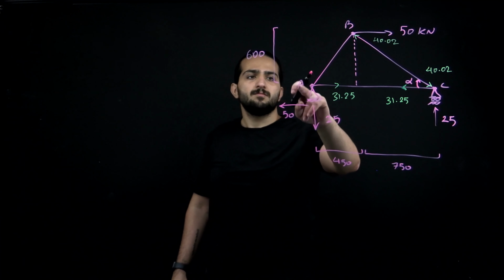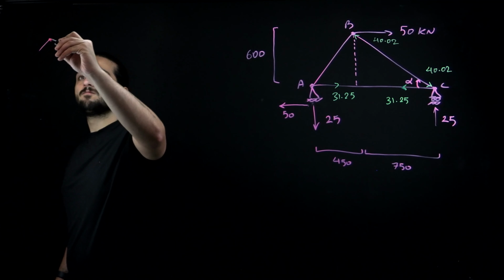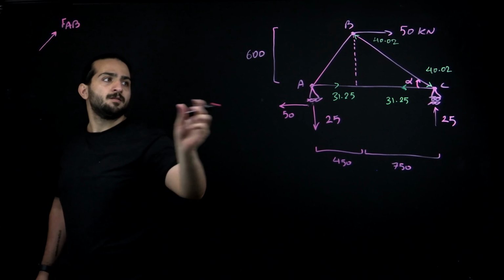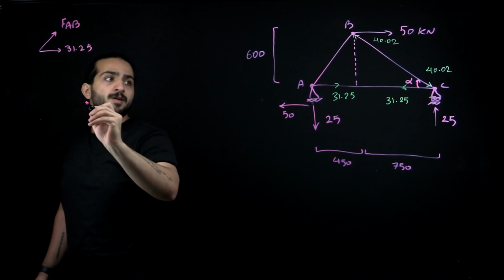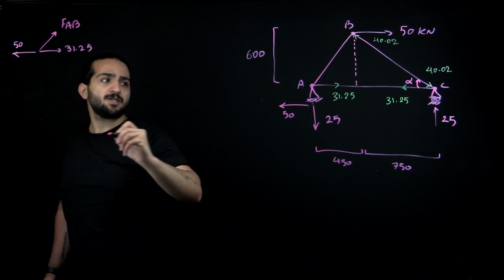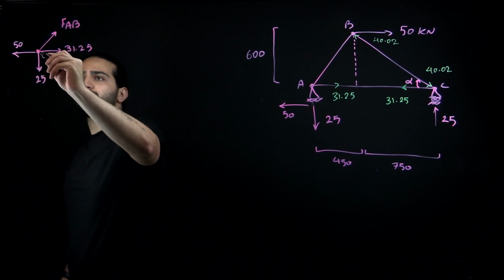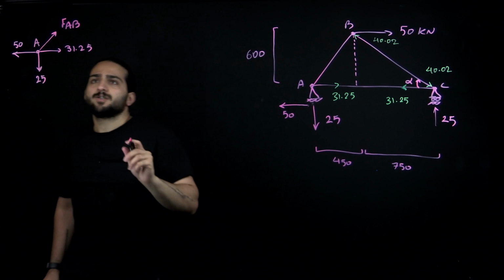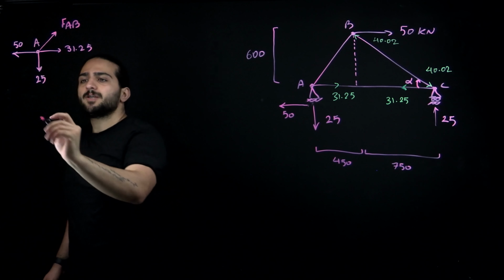Okay, now if we consider joint A, we have a force here, which is FAB. We have 31.25, we have 50 in this direction, and we have 25 in this direction. This is joint A. If we write the equations of equilibrium in either y or x direction, we can determine the value of FAB.